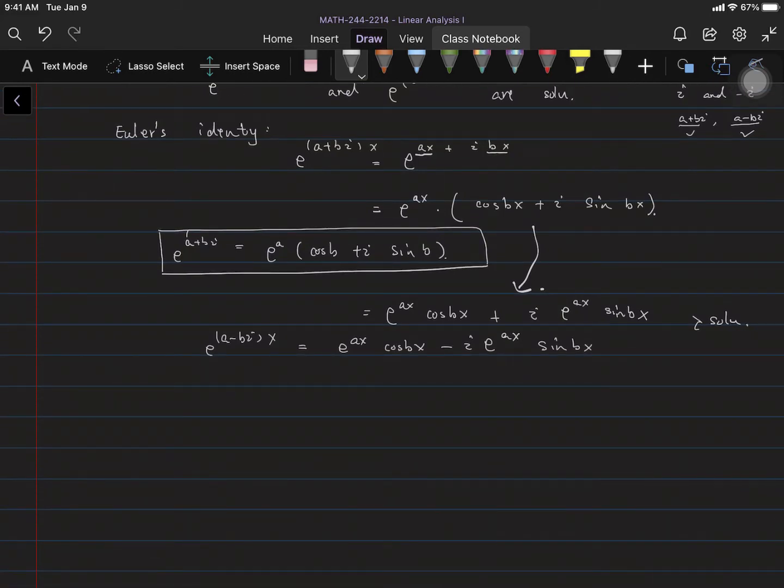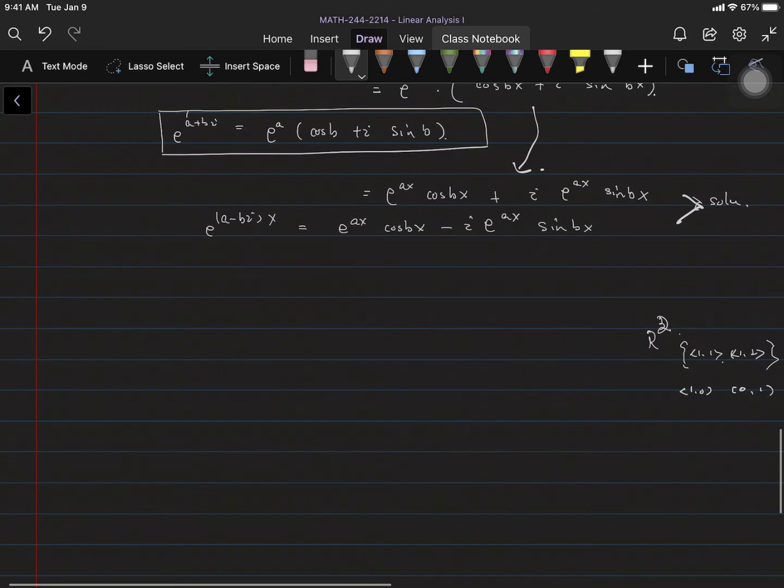So it's like for R2, we may have some spanning set that can span the whole R2. For example, (1, 1) and maybe (1, 2) can span, but we like to choose the easy ones, (0, 1) and (1, 0). So same thing here. We don't want to choose those two as the solution.